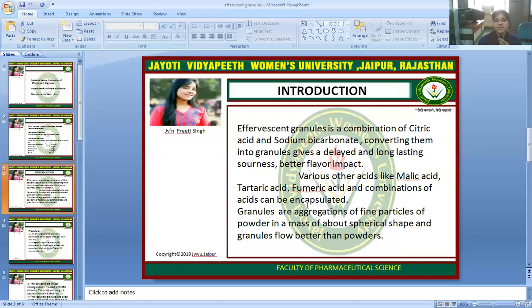Various other acids like malic acid, tartaric acid, fumaric acid, and combinations of acids can be used. Granules are aggregations of fine powder particles in a mass of about spherical shape, and granules flow better than powders. Effervescent means CO2 evolves.